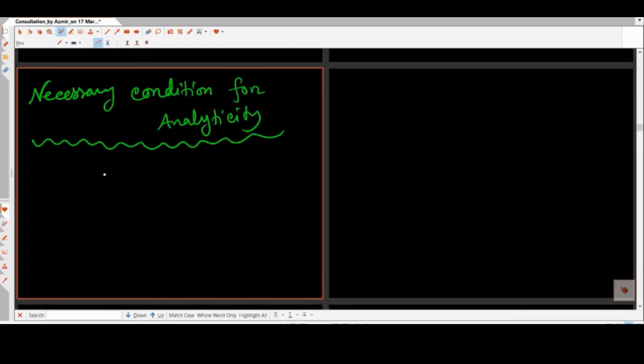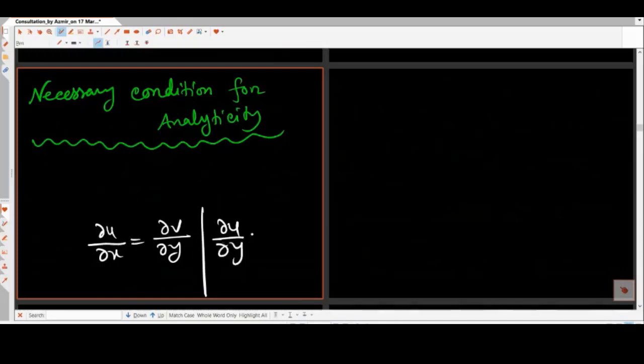The Cauchy-Riemann equations are du/dx equals dv/dy and du/dy equals negative dv/dx. These are called first order partial derivatives of u and v.